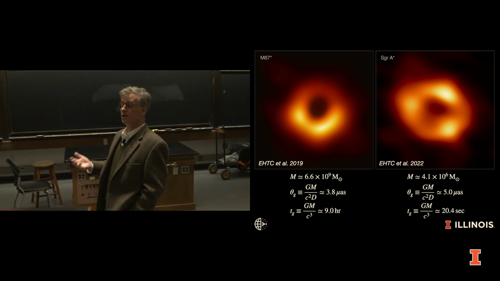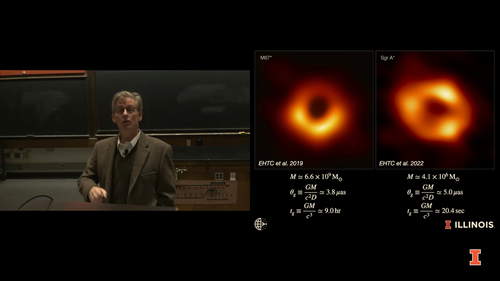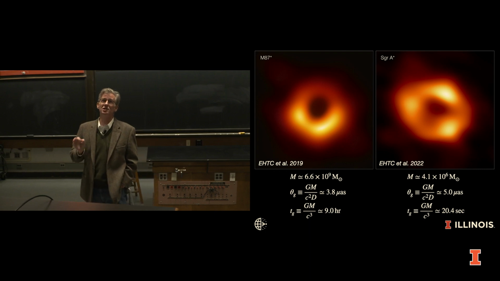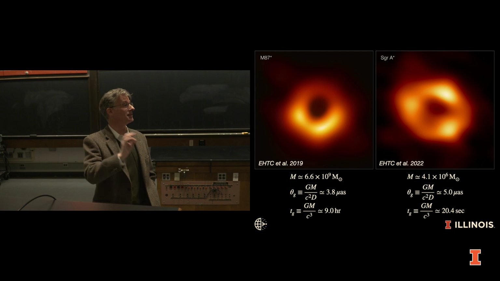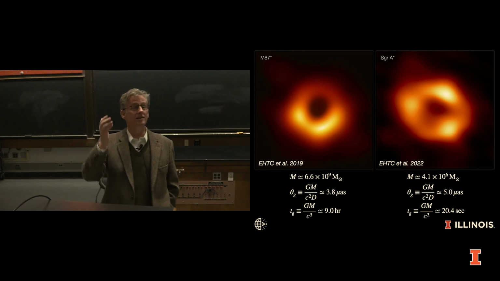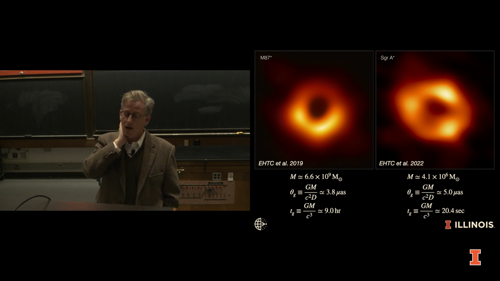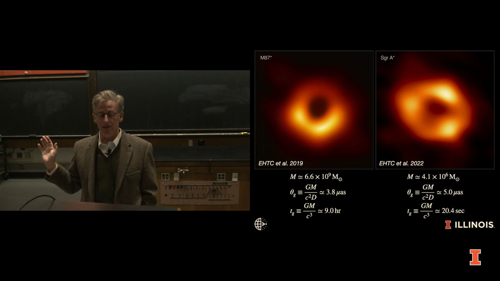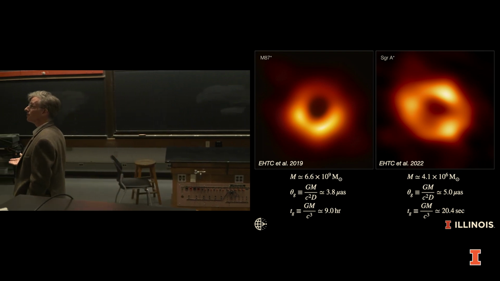And the one at the right is the one at the center of our galaxy, which is also known by its radio source designation, Sagittarius A star. It's in the constellation Sagittarius, and it's the brightest radio source in Sagittarius.